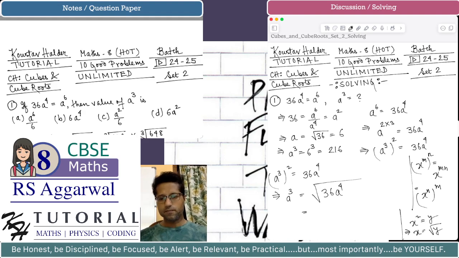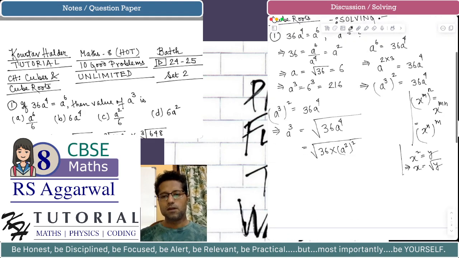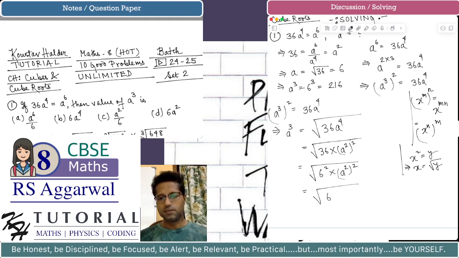Now what is this? We have 36 multiplied by the square of a square. Now 36 is 6 square, multiplied by a square and whole square. So this is equal to 6 multiplied by a square whole square.